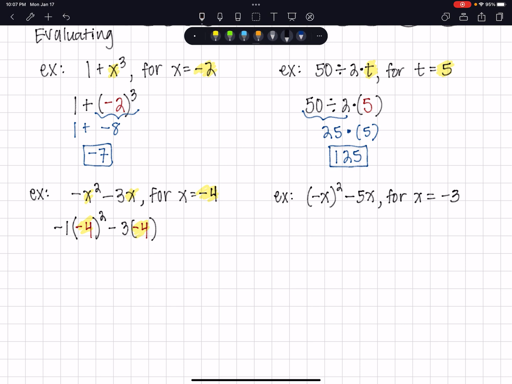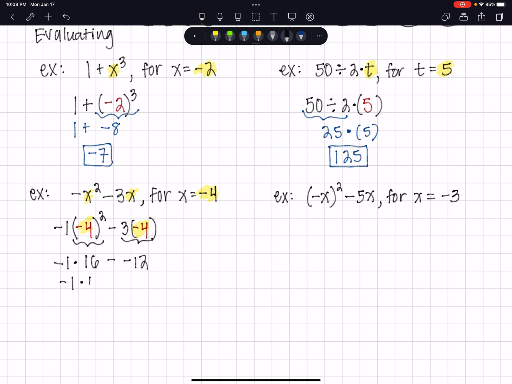And now I'm going to take -4 squared. So I've got -1 times -4 squared, which is 16. And then minus 3 times -4 is -12. And remember, when we have minus a negative or the opposite of a negative, that's a positive.